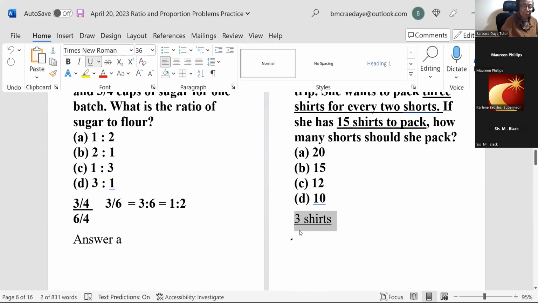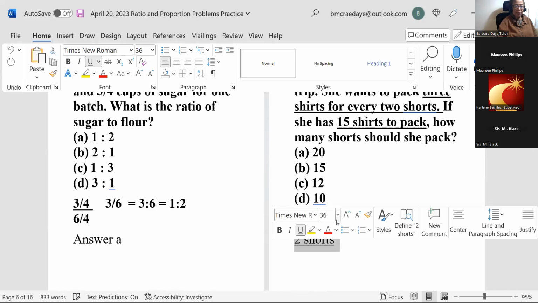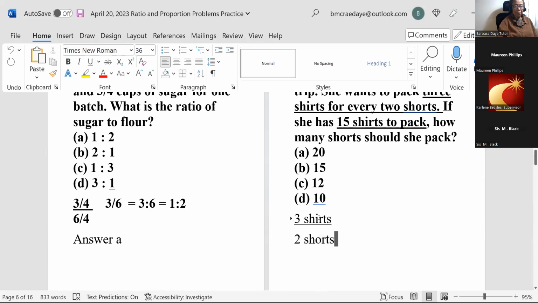It's another proportion. If she has 15 shirts, 2 shorts. All right, so let's take this underline out and bring this up some. Now you finish that. Set that equal to the other part of the ratio that has an unknown.